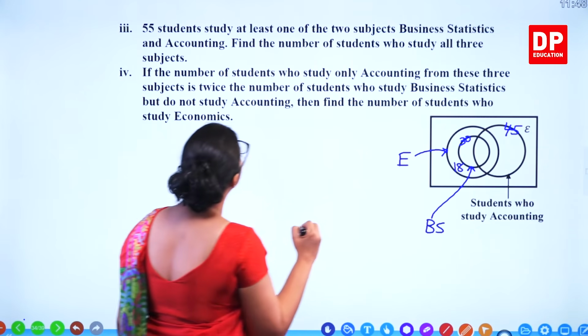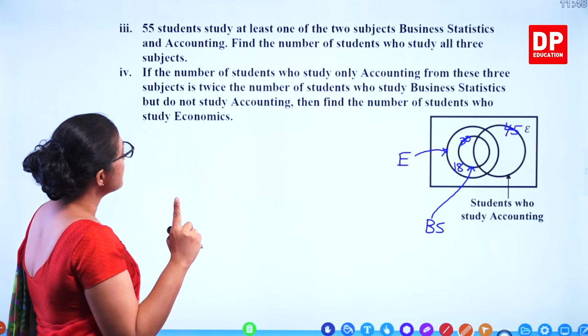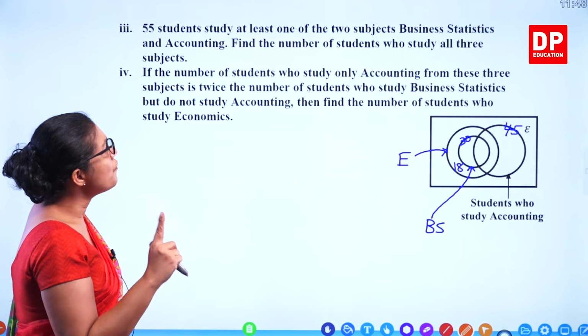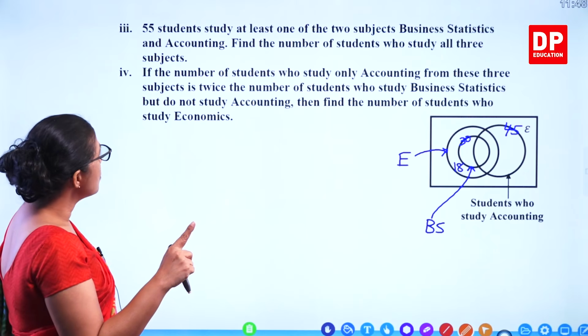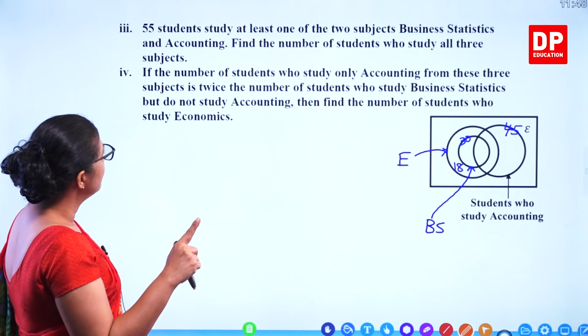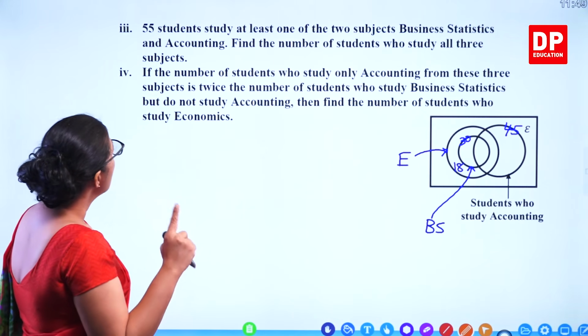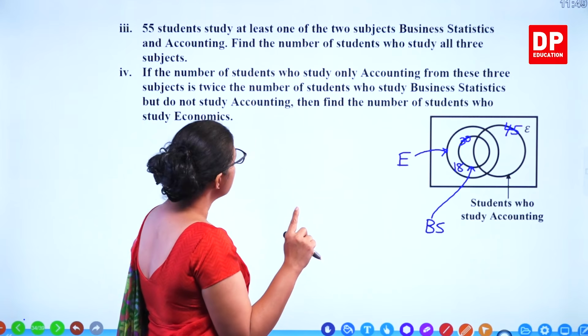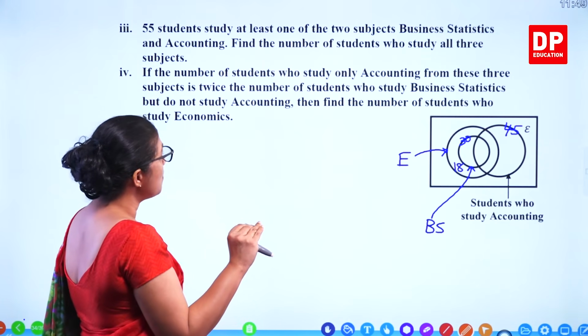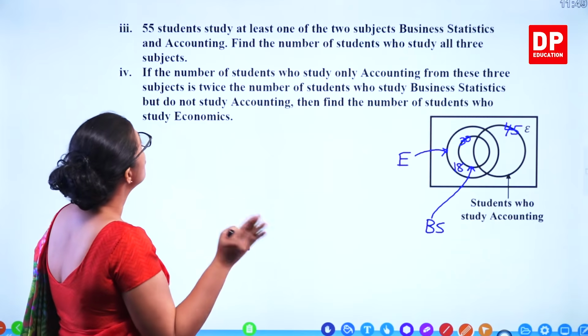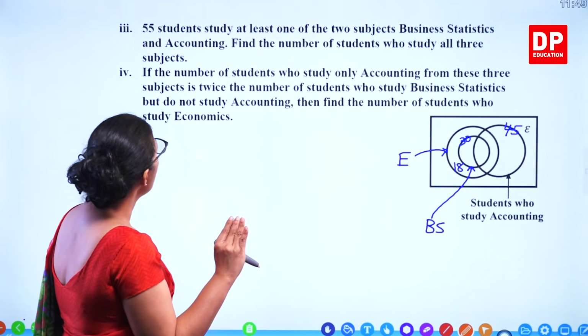I'll put BS. 55 students study at least one of the two subjects, business statistics and accounting. At least one means either one subject or two, more than one.